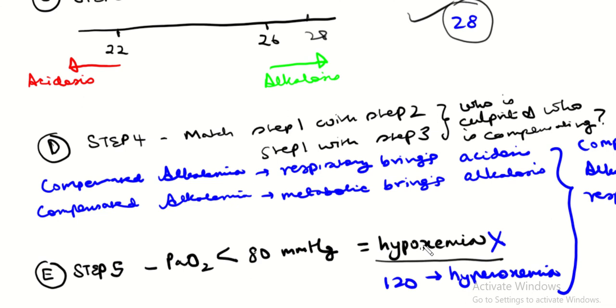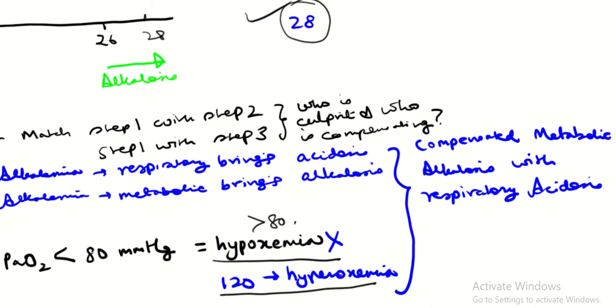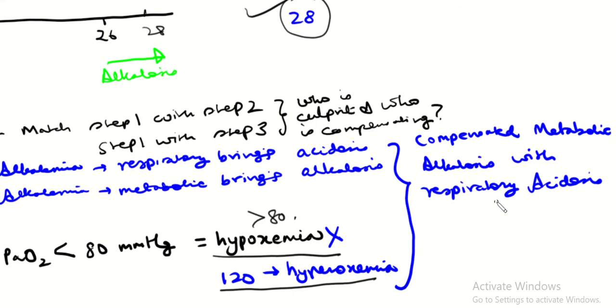No. It's greater than 80. 120 would be hyperoxemia. But again, we don't have to capture that. It's compensated metabolic alkalosis with respiratory acidosis. Okay?